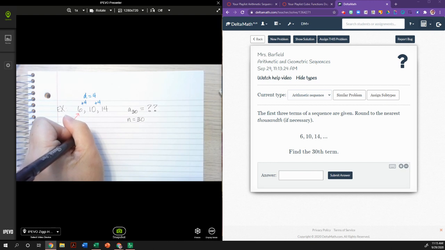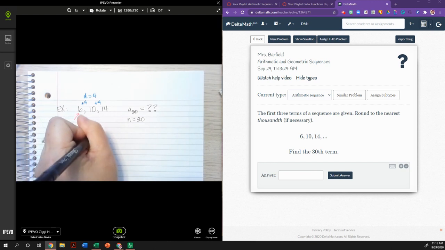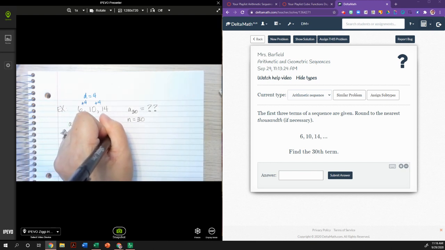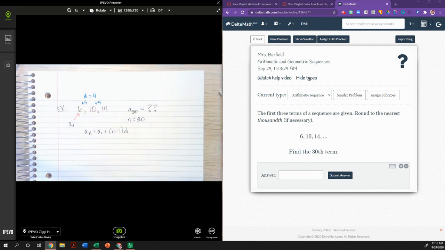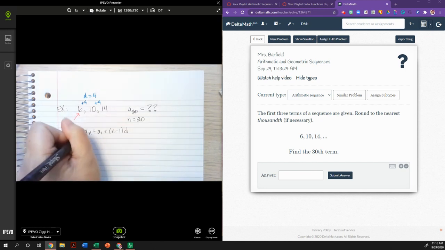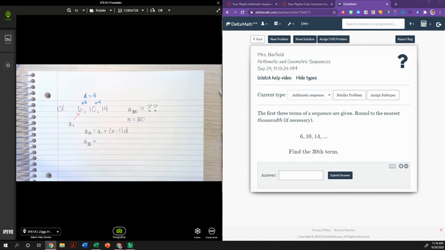Okay, all right, so the explicit formula, A sub n equals A sub 1 plus n minus 1 times D. All right, we're going to plug in all this information. I'm looking for A sub 30. A sub 1 is 6 plus n minus 1, so 30 minus 1.